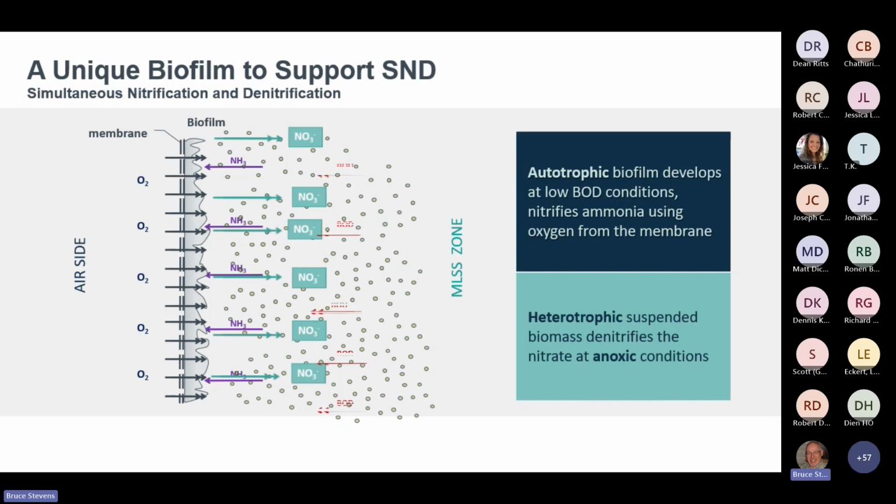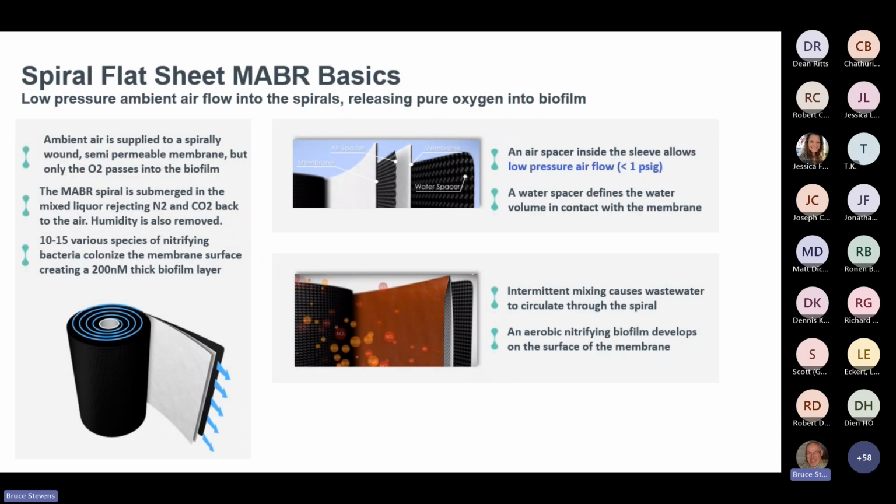Now, as we all know, that then starts to be attacked by heterotrophic bacteria that are in the complete mix activated sludge in the main process, and that uses the BOD, takes the free oxygen and the nitrate, and then converts it into nitrogen gas. So that goes off, and the process moves continuously into the next zone where it completes the treatment.